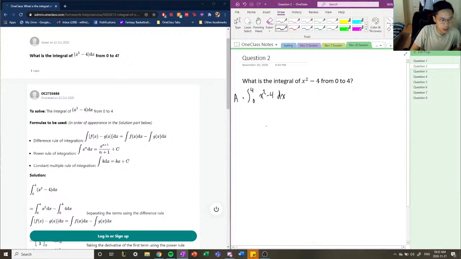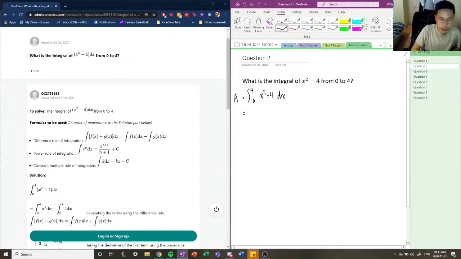They've listed the difference rule of integration, which suggests that the integral of two functions that are subtracted from each other can be split up. It's kind of like a distributive property. They also suggested the power rule of integration, which pertains to how to integrate variables with exponents and powers. And finally, the constant multiple rule of integration, which tells us how to integrate constants. Okay, so we're going to use those rules.